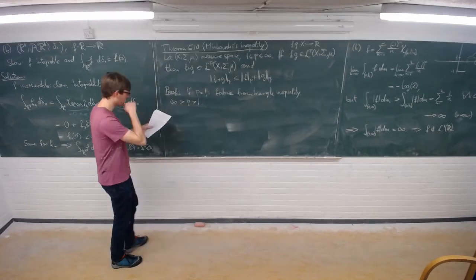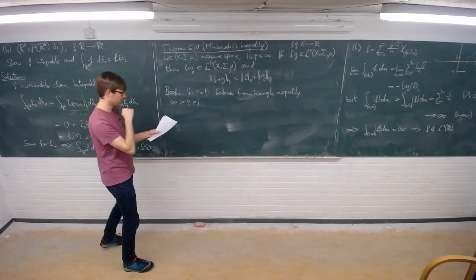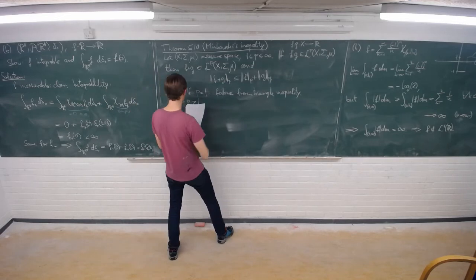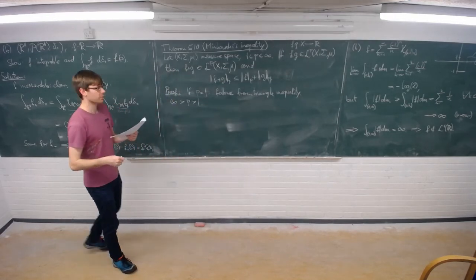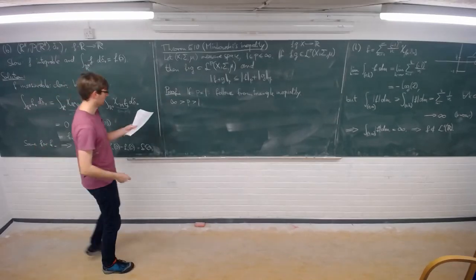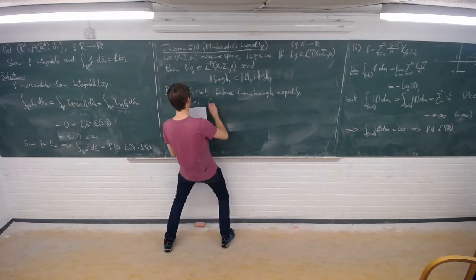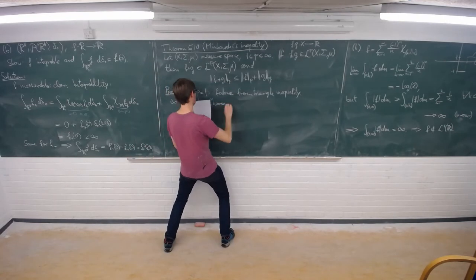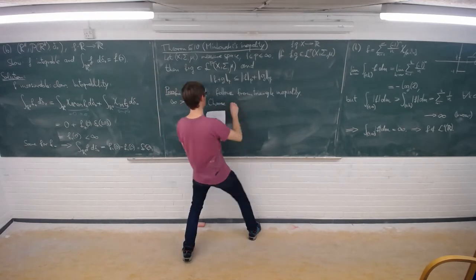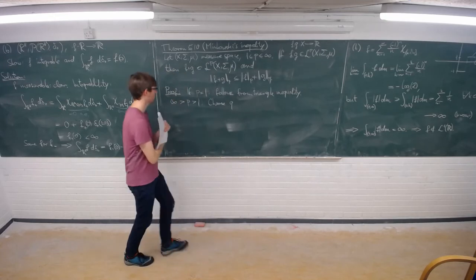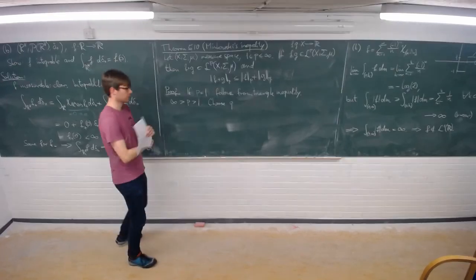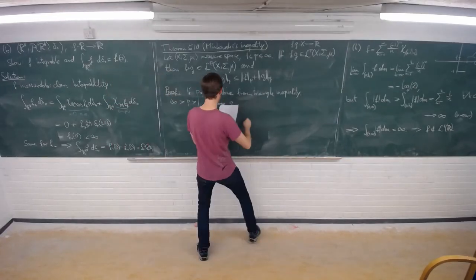So for p between 1 and infinity, the idea of the proof is to use Hölder's inequality, basically. So we choose the conjugate exponent to p.